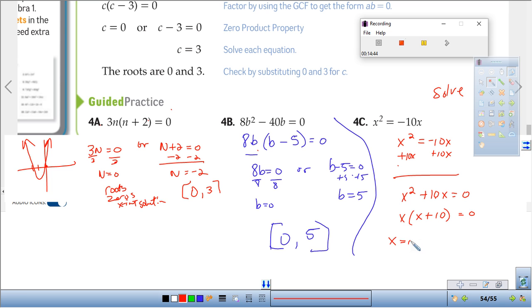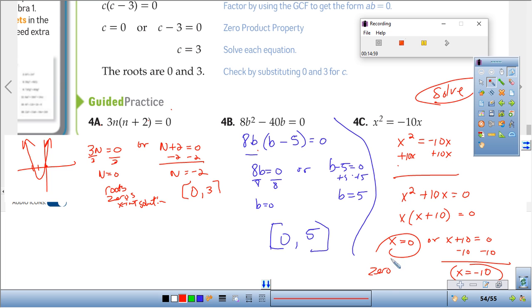So we know that x is equal to 0, or we know that x plus 10 is equal to 0. Minus 10, we're going to go with x equals negative 10. So the answer for this one, my zeros, my solution, my root, my x-intercept are 0 and negative 10. And I did not put parentheses. Parentheses means the coordinates. We don't have a coordinate here. We have this. The set of the answer is 0 and negative 10.